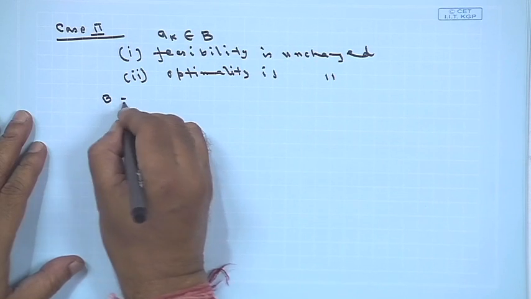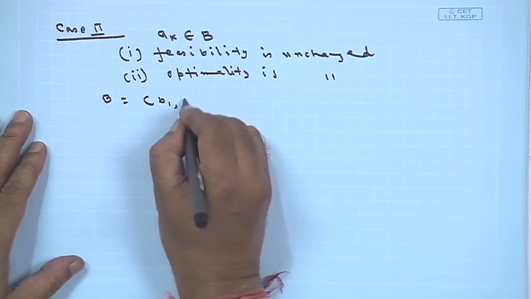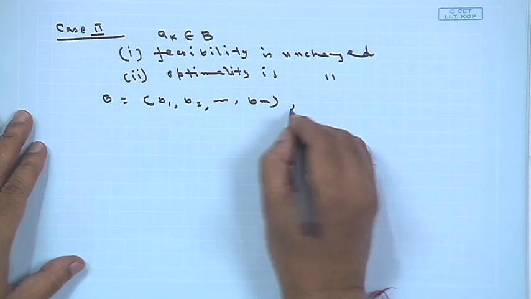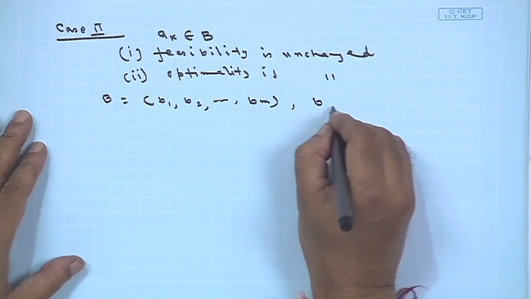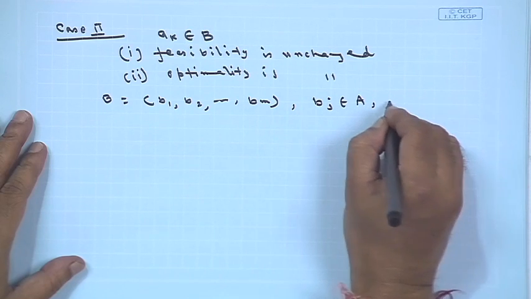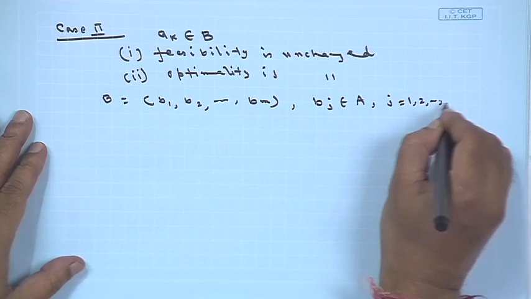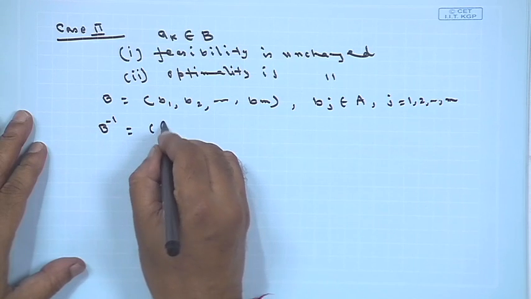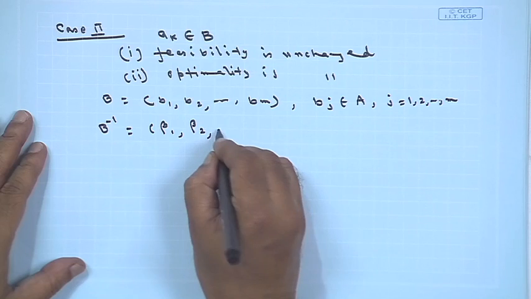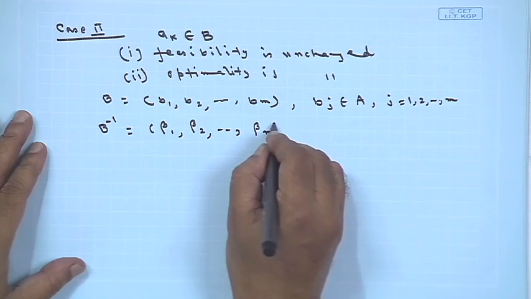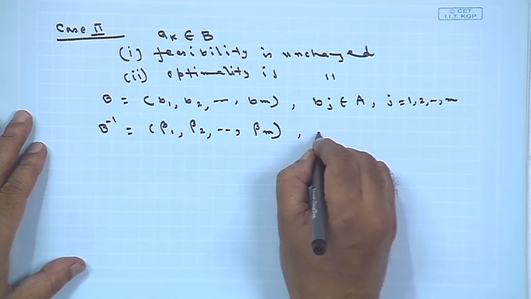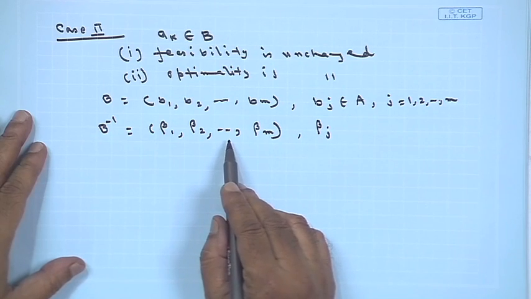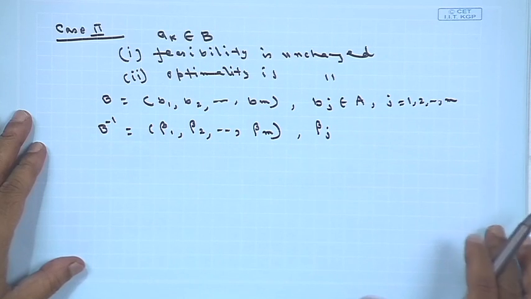Suppose your B is B1, B2, up to Bm, where Bj belongs to A, j equals 1 to m, and your B inverse we are assuming as beta 1, beta 2, like this way up to beta m, where beta j is nothing but the jth column vector of B inverse.